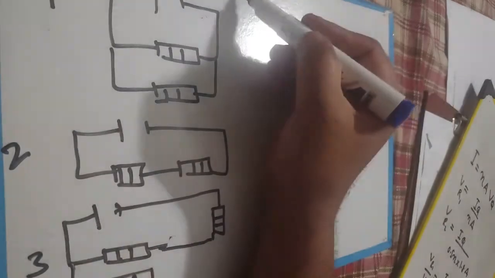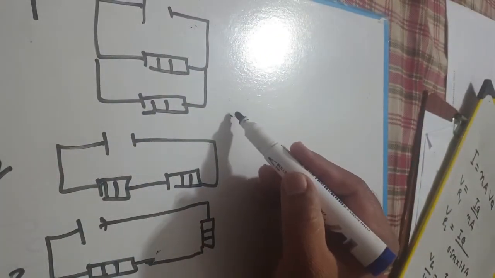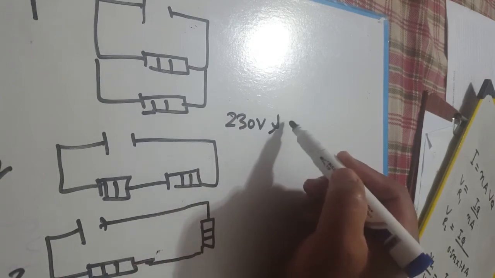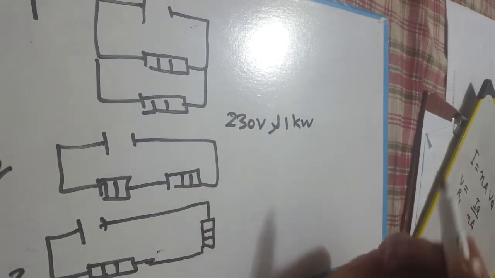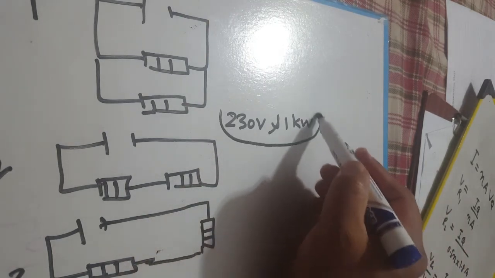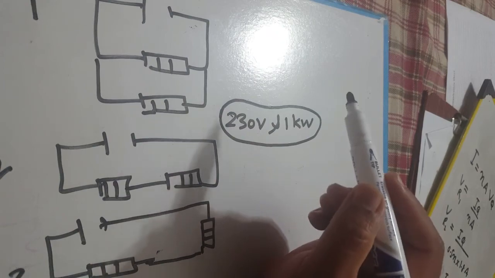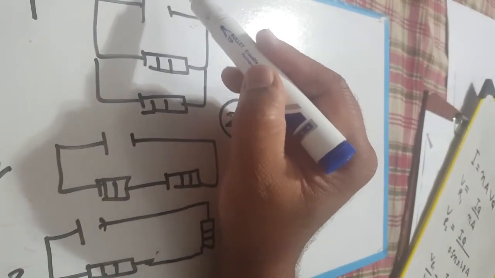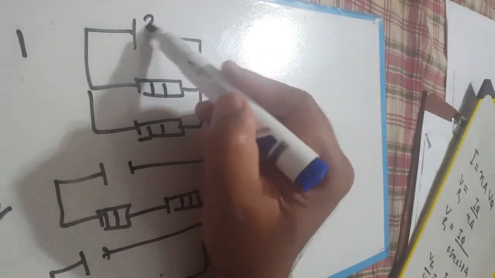He says that each heater has a power rating of 230 volt and 1 kilowatt. That is the power rating. Same battery means you can say this is a power supply.